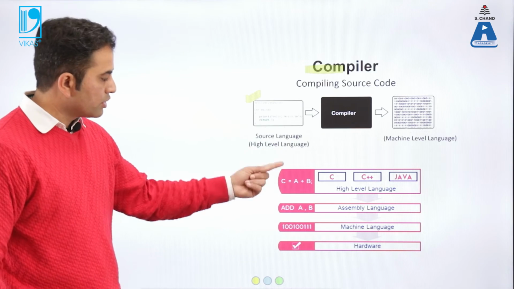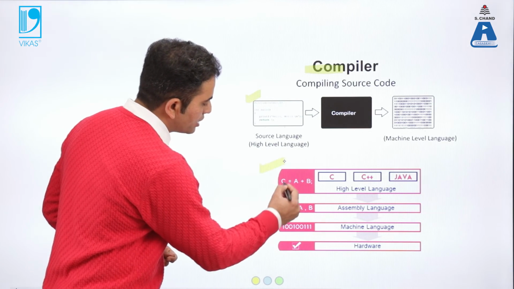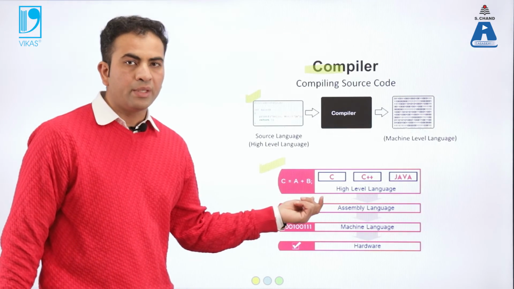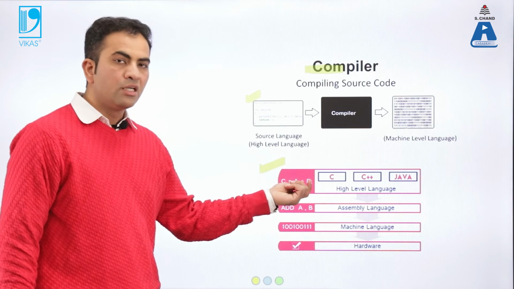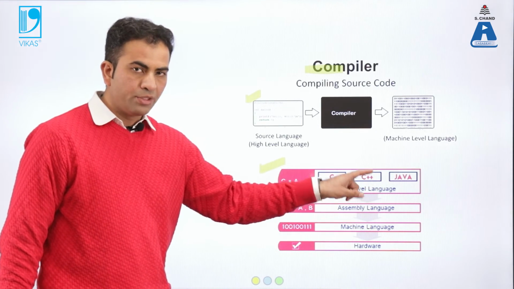Let's see a very simple example. This is a human readable instruction: C = A + B. We can easily understand that there are two variables A and B, and the sum of these variables is saved in a variable C. This is high level language, human readable.